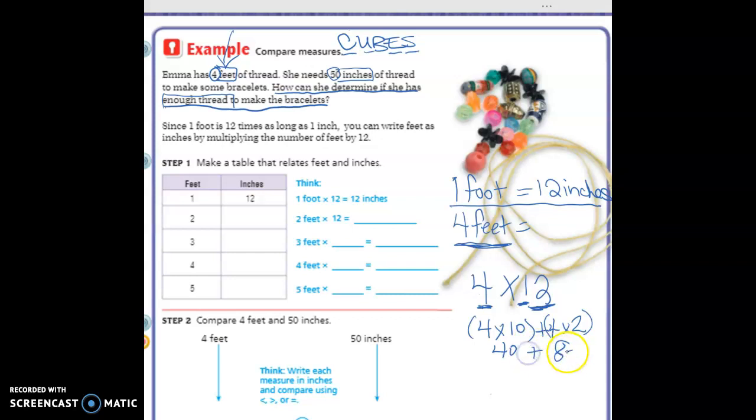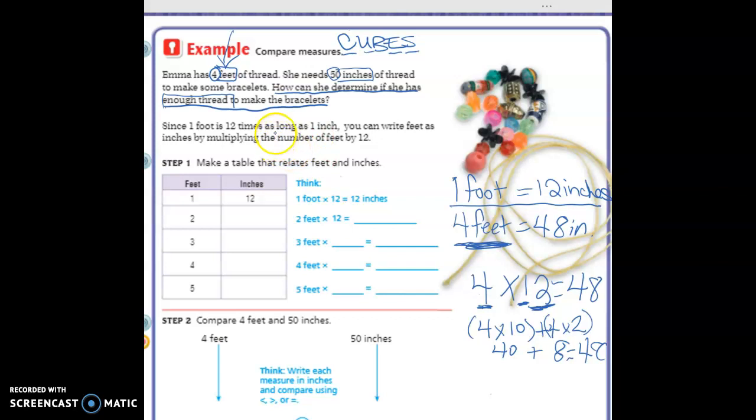So 40 plus 8 is 48. So we know that 4 times 12 is 48. So 4 feet equals 48 inches. And that's where us knowing our multiplication really makes a difference. And that's why we were practicing to be math masters.